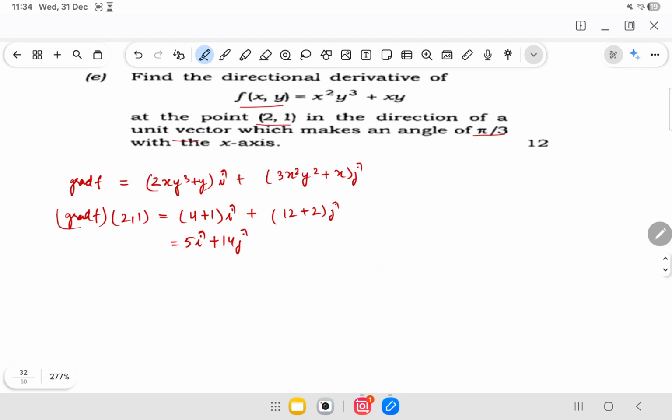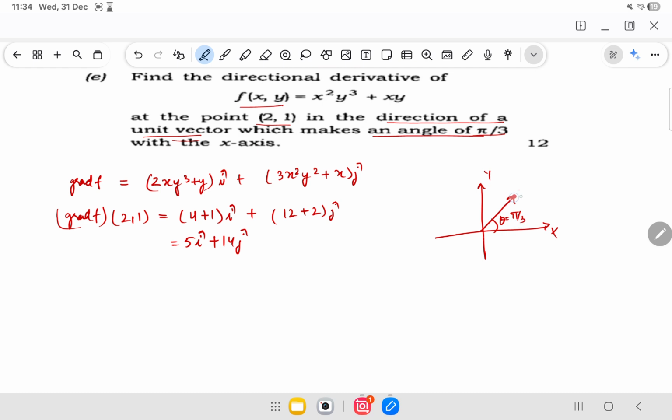Now we need to evaluate the direction along which we need to find the directional derivative. We are supposed to evaluate it in the direction of a unit vector which makes an angle pi by 3 with the x-axis. If this is the x-axis and this is the y-axis, this is the direction, where the angle theta is pi by 3.